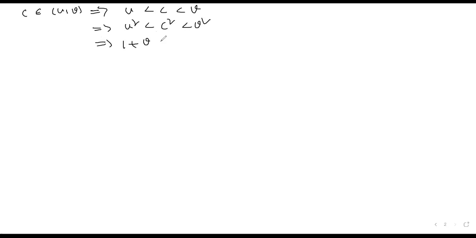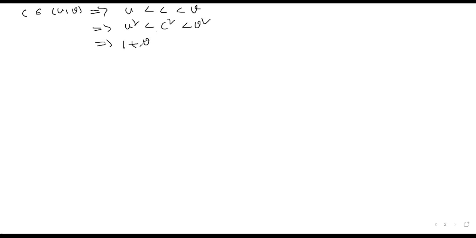Yeah. Now see the next one. Here c belongs to the open interval u comma v, which means u is strictly less than c, which is strictly less than v. Now I have to square on both sides. If you square on both sides, you will get u square less than c square less than v square. Then I have to add 1 to each term.